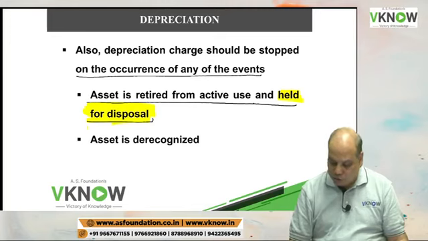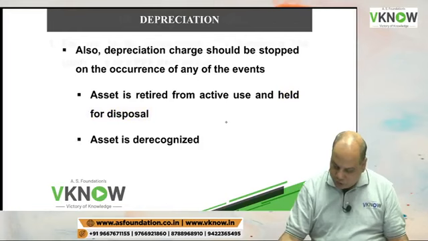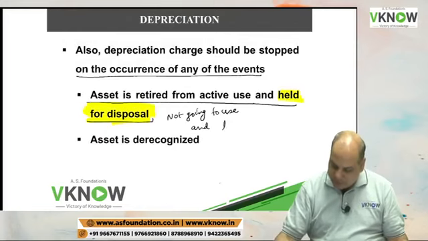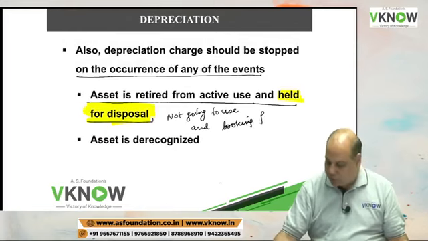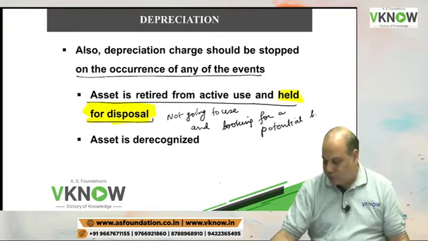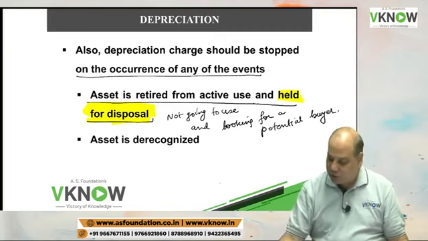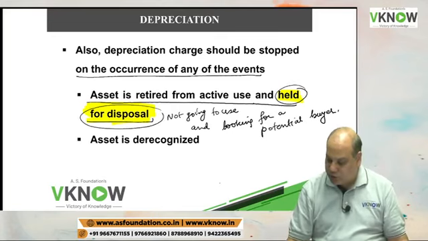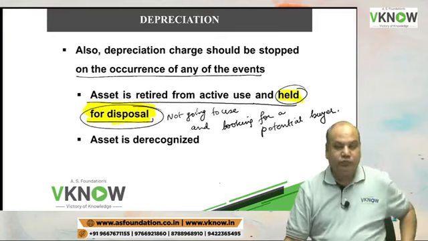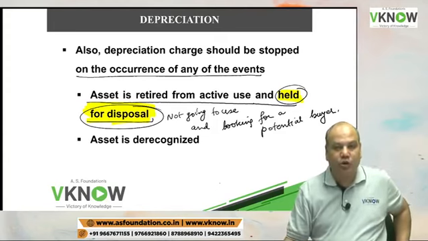I am not going to use it, and I am looking for a potential buyer. That is called held for disposal. If the asset is held for disposal, then depreciation is not charged on this asset, because now it is not going to be used.